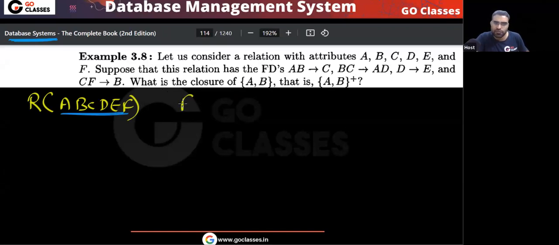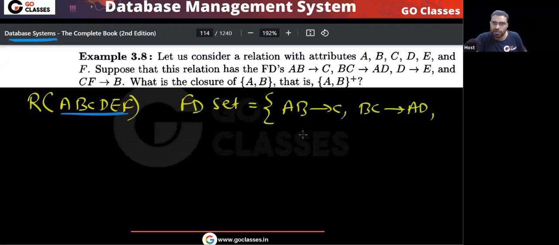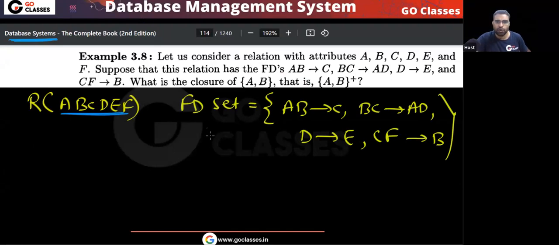The FD set is: AB determines C, BC determines AD, D determines E, CF determines B. What is the closure of AB? Means AB plus. Tell me, what will be the closure of AB?